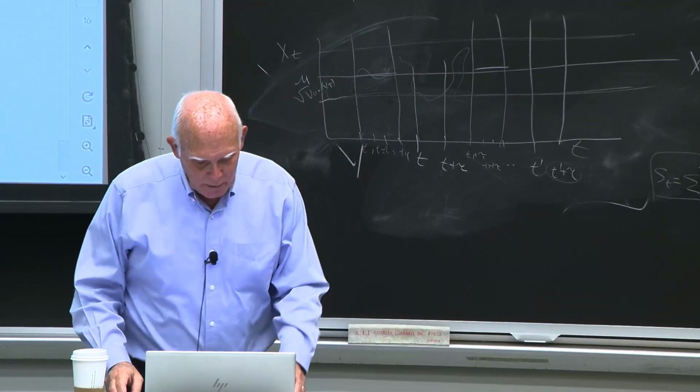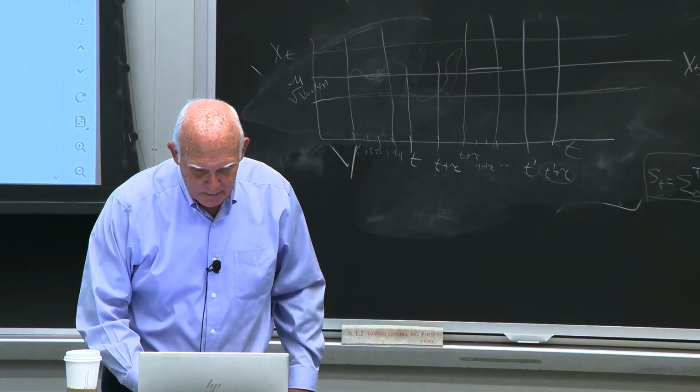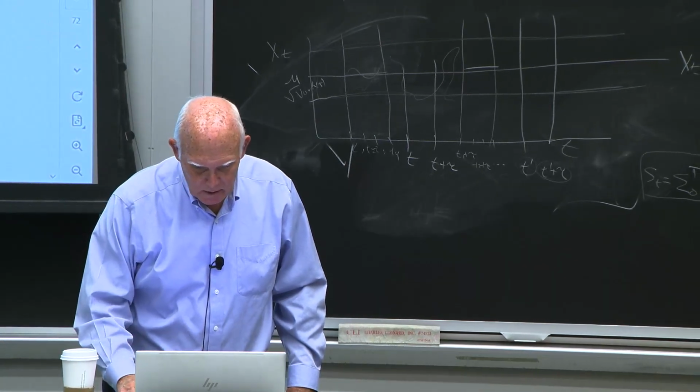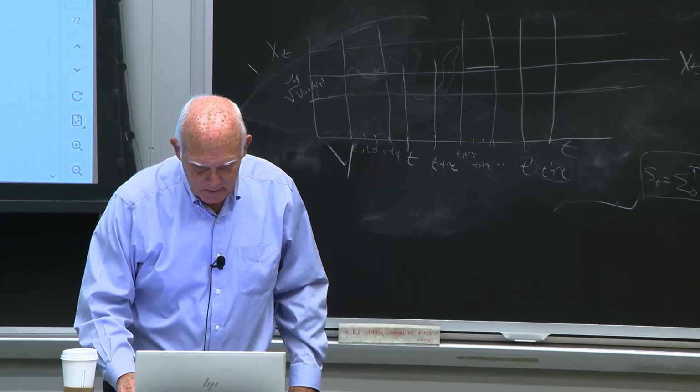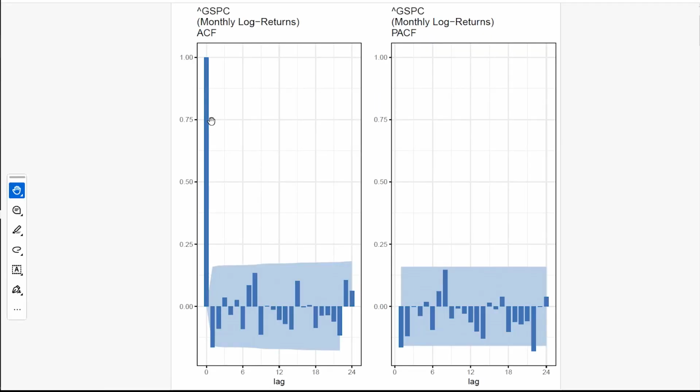So what we'd like to do then is think of this autocorrelation function, the correlation between x's that are tau units of time apart. We can actually calculate autocorrelations for each of the series we just looked at.